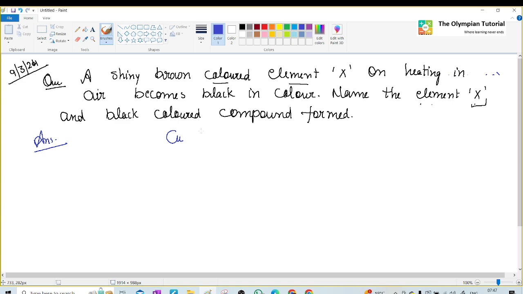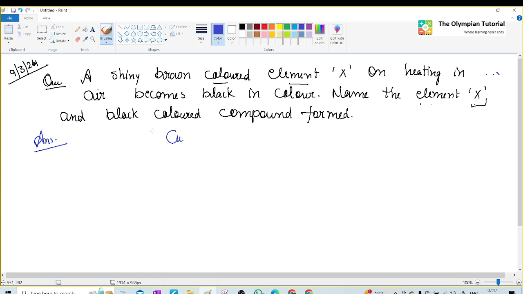The equation of the reaction involved on heating copper is given below. Can you write it down yourself?